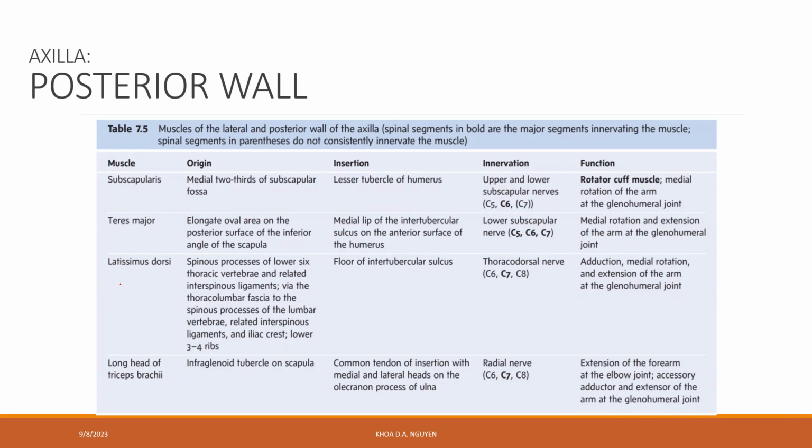The latissimus dorsi is going to be innervated by the thoracodorsal nerve, which is also a terminal branch of the brachial plexus. And then the long head of the triceps brachii is going to be innervated by the radial nerve. So now, one of the things that we will learn when we learn about the arm is that everything that is posterior in the arm is going to be innervated by the radial nerve. Okay, very, very important stuff.